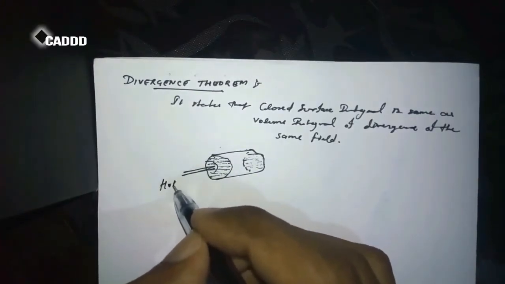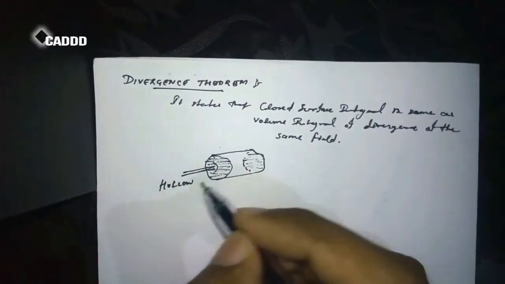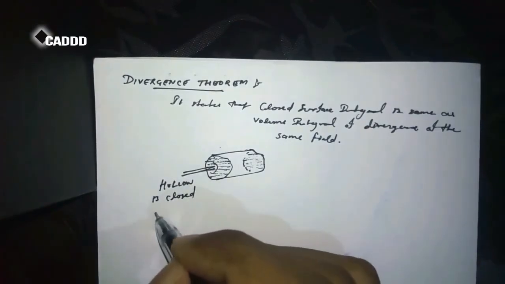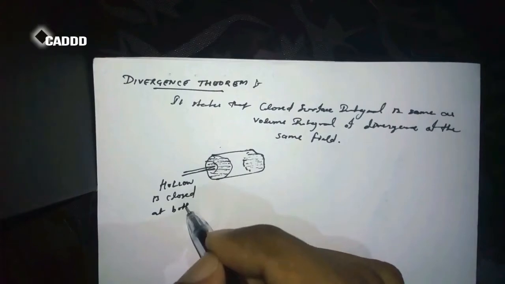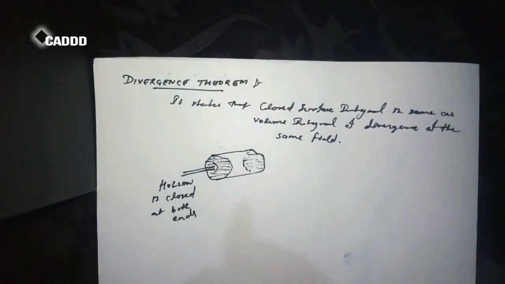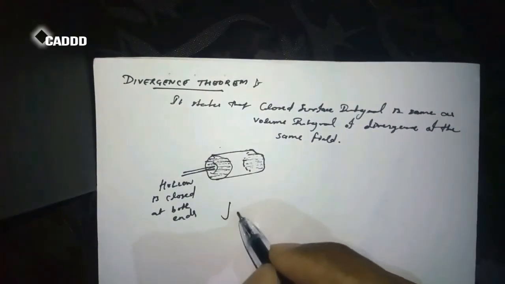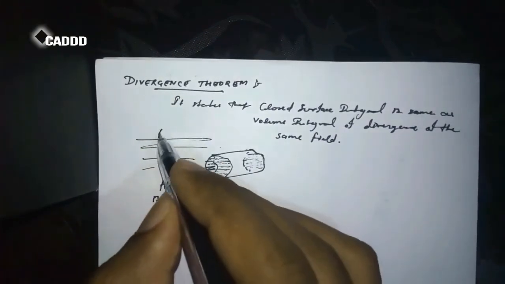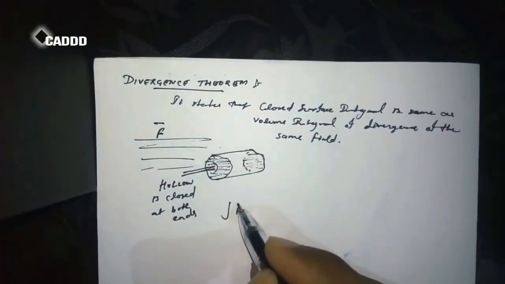Okay, this hollow pipe is closed at both ends. It's a surface integral. Let's say we have a field F in the region.